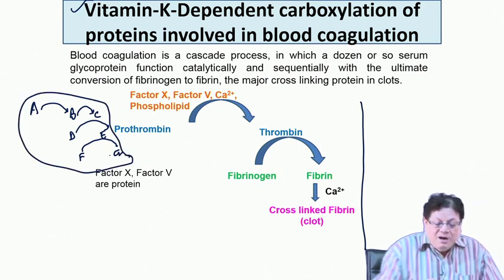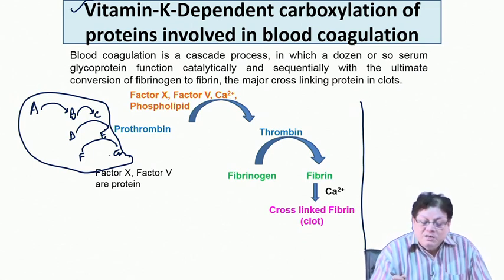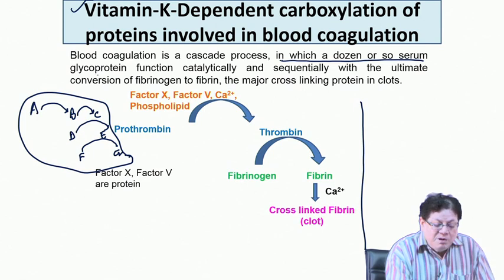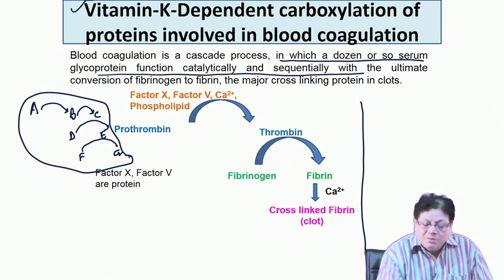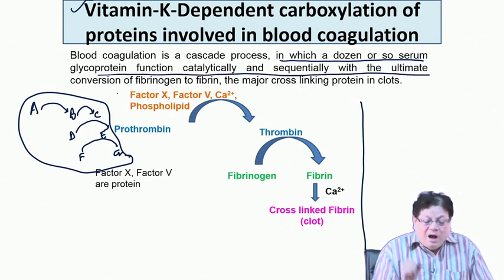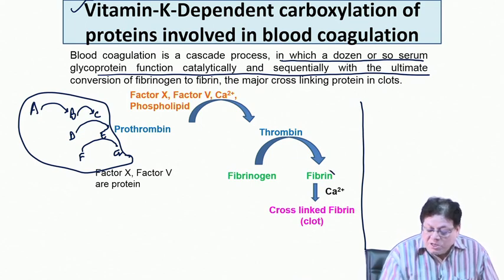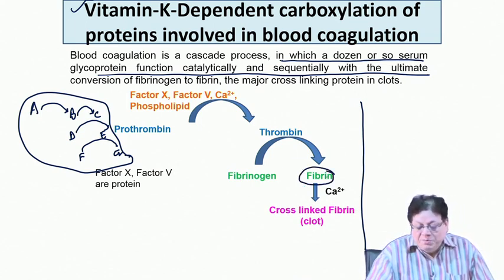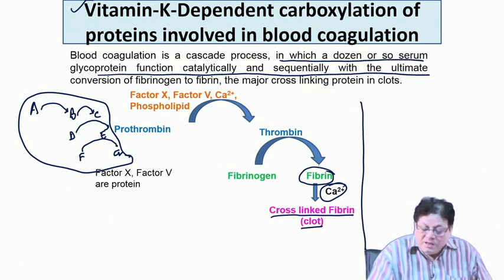In total, about a dozen or so serum glycoproteins function catalytically, with the ultimate conversion being the formation of fibrin. That is the last step in blood coagulation, and fibrin in presence of calcium forms the cross linked fibrin, which is called the clot.